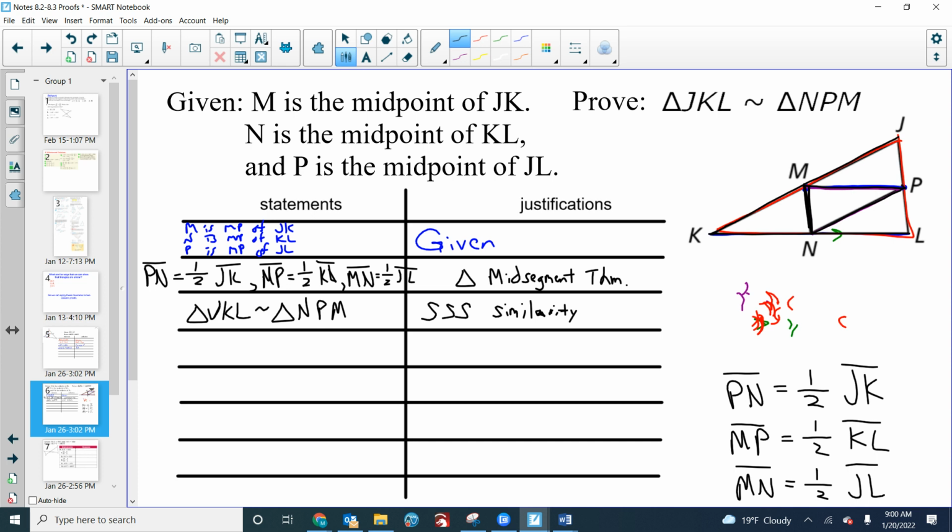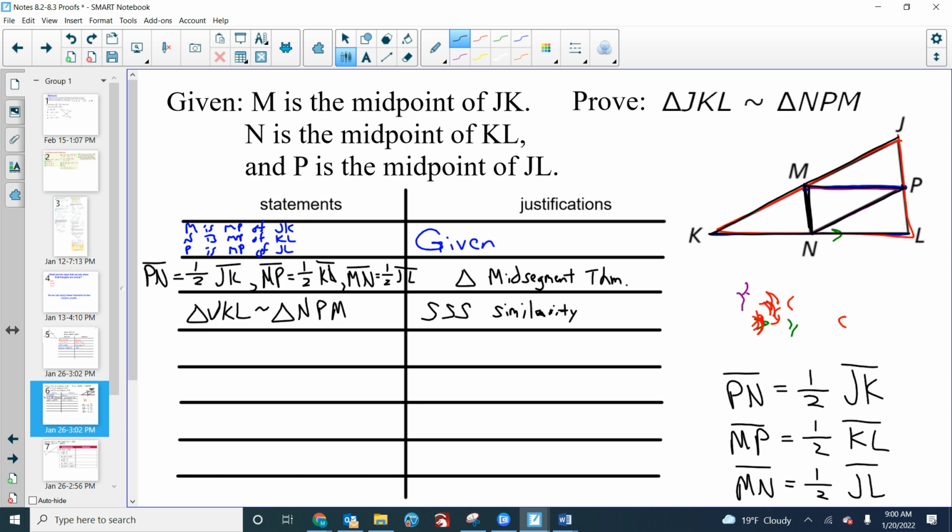I bet some people might feel like after step 2 they need to say that that makes the sides proportional. So if you really felt the need to say that, you could put a line that said scale factor of 1/2.